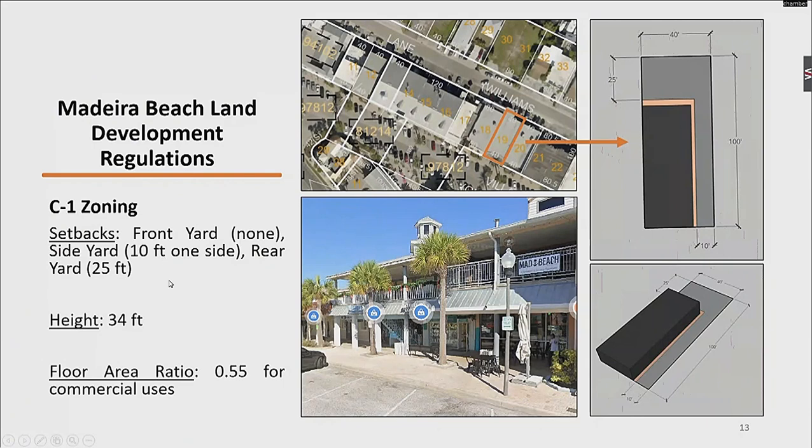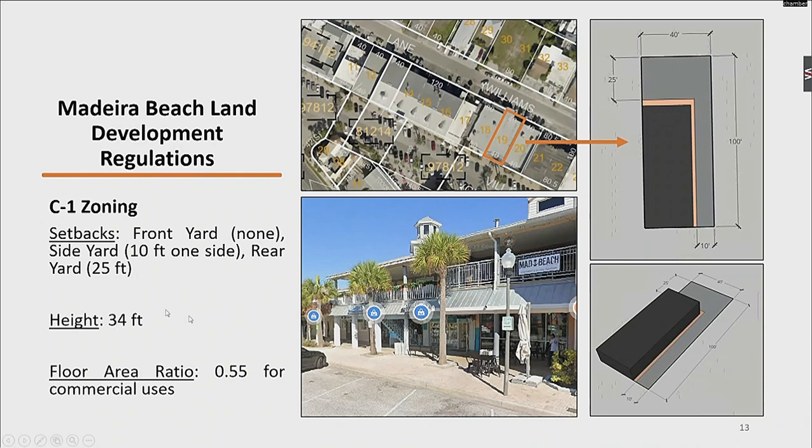For C1 zoning, the setbacks for front yard are none, so there's no setback on the front. On the side yard, it's 10 feet on one side, so we included a 10-foot side setback. And rear yard is 25 feet, which we have right here.